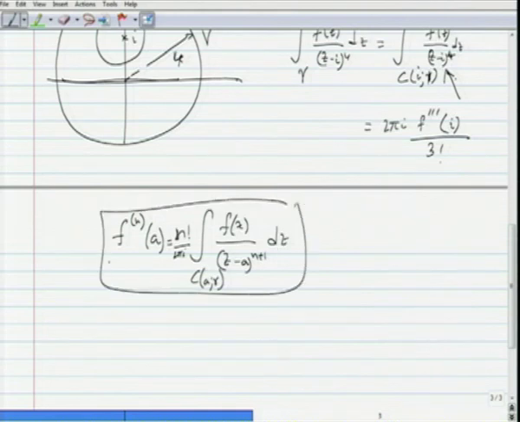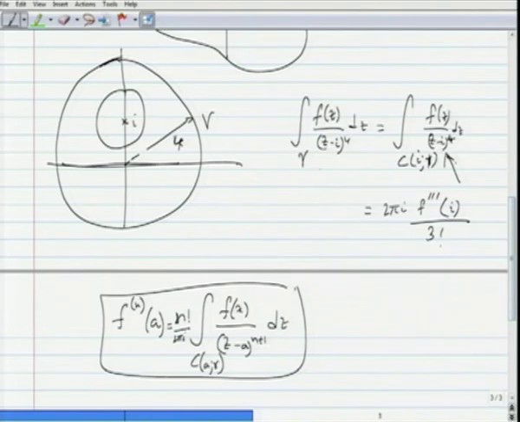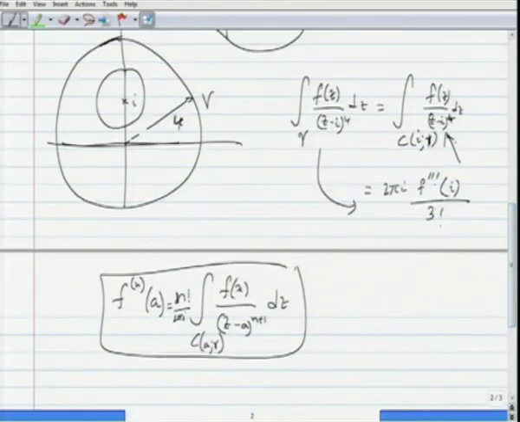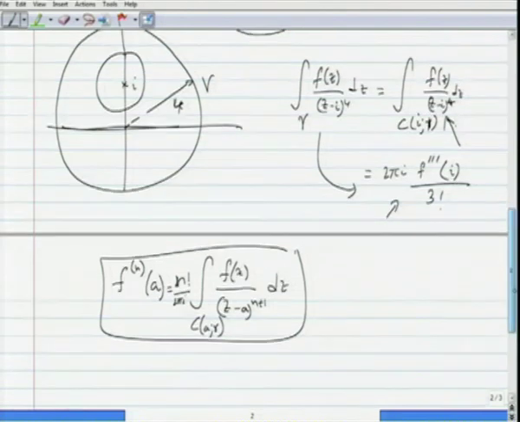So, here we apply this with n equals 3 to get this. If we compute the third derivative of our f at i and substitute it here, we are going to get the value of this integral.